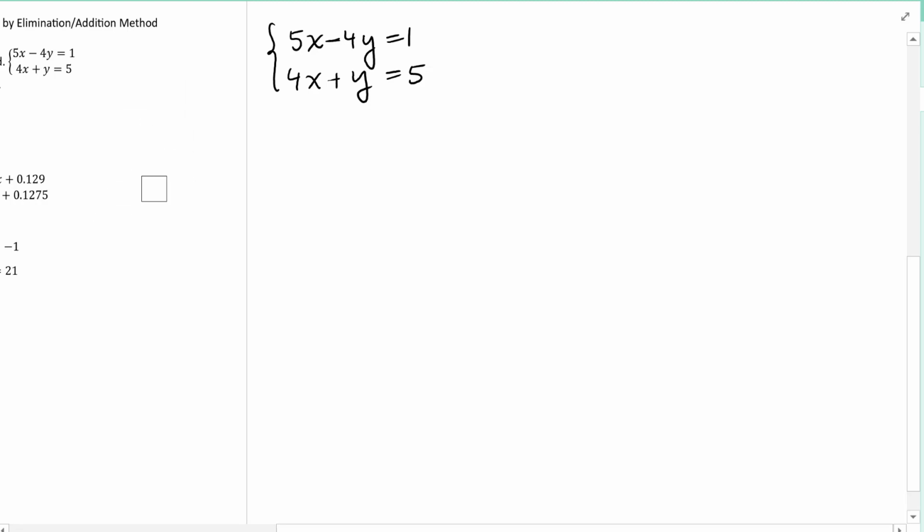The first thing I want to do is make sure my x's and y's are aligned. So 5x and 4x are under each other, negative 4y and y are aligned, and the constants are aligned as well. If they are not aligned like that, you'll have to move them around.